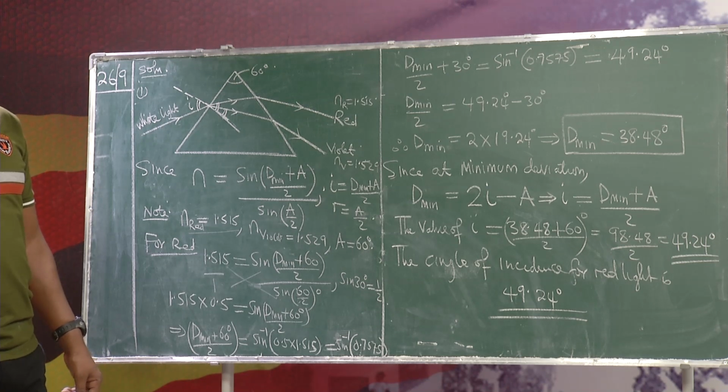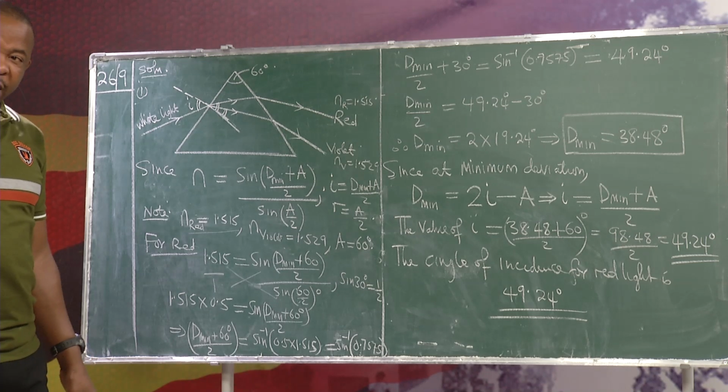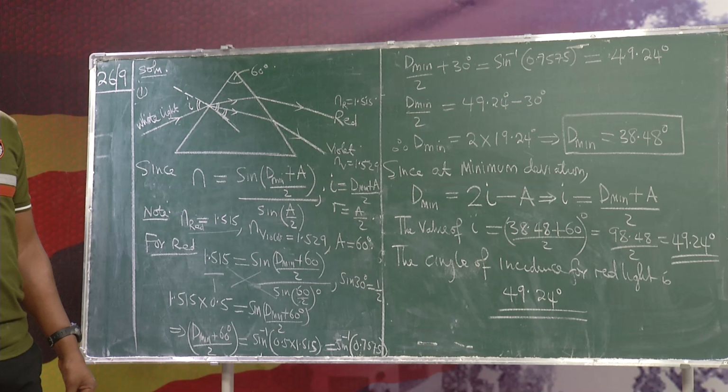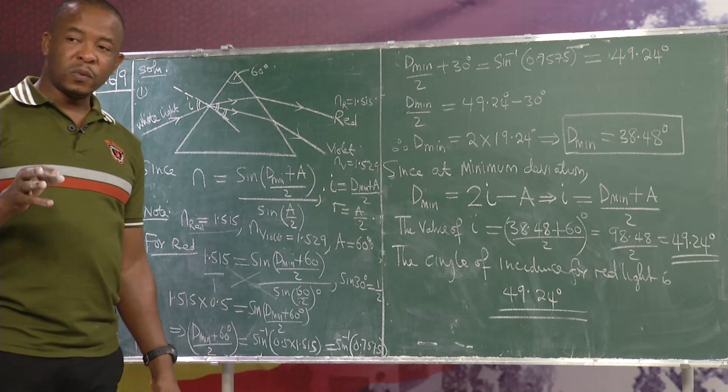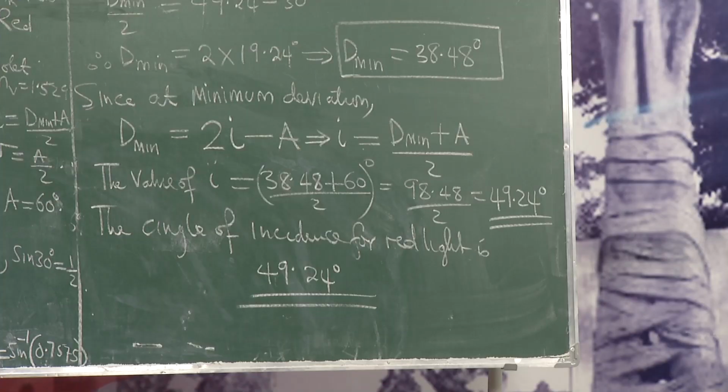In other words, the value of I1 and the value of I2 are normally assumed to be equal, and the value of R1 and the value of R2 are also assumed to be equal. Therefore, when you merge the two, you get what we call minimum deviation at the condition where I1 is equal to I2 and is equal to I, and R1 is equal to R2 and is equal to R.